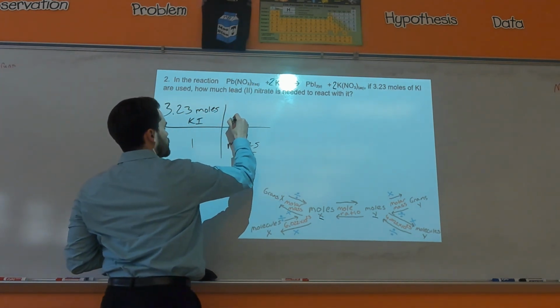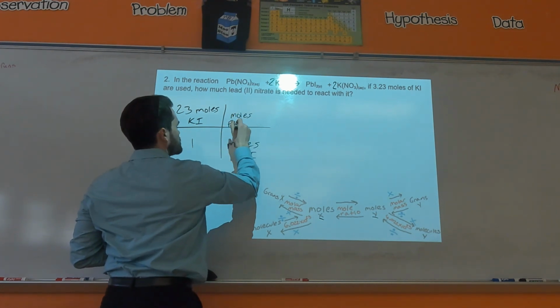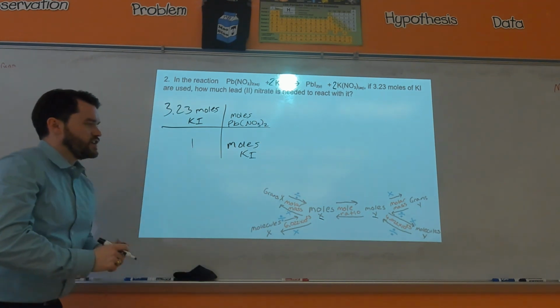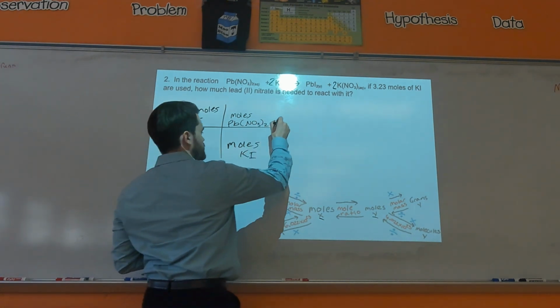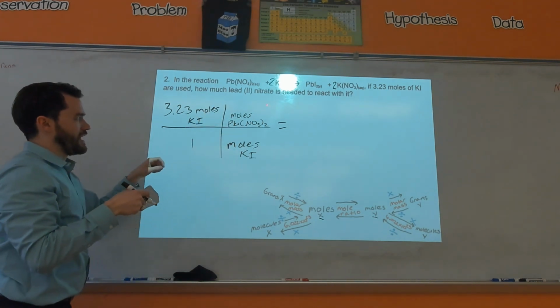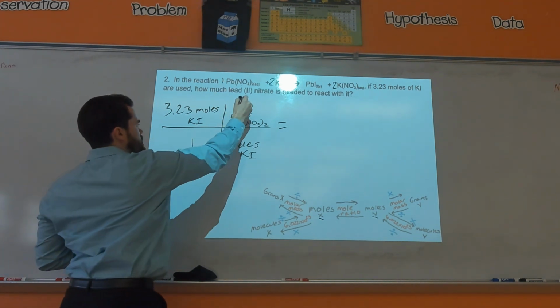So moles Pb(NO3)2 is what goes there. To figure out the numbers that go here, you get these numbers from the balanced equation. There's no number, which essentially means it's a 1.